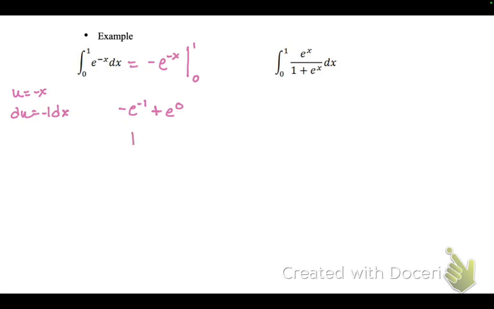So I have 1 minus 1 over e. I guess if you wanted to, you could write e minus 1 over e. But without a calculator, that's what I got. With a calculator, I'd have whatever decimal that would give me, right? Yeah. I'm assuming everyone is good with putting that in a calculator. Okay.